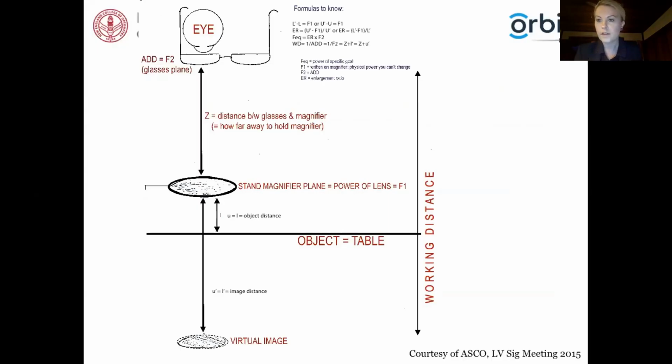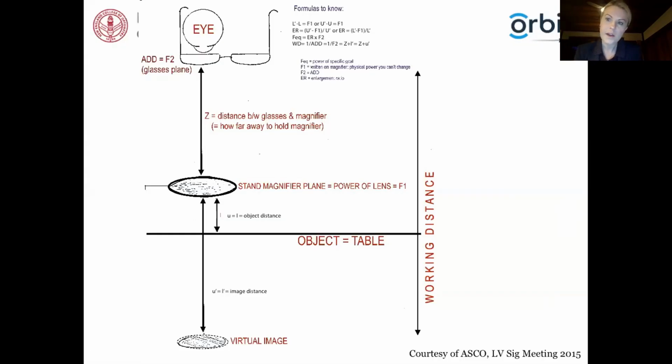But the one thing that we're bound by is this image distance. So for a given stand magnifier, I can never prescribe a near addition stronger than the image distance provided by the stand magnifier, because this really represents the strongest near addition I can prescribe, as it requires that the patient's glasses and spectacle plane be right up against that stand magnifier to see it.